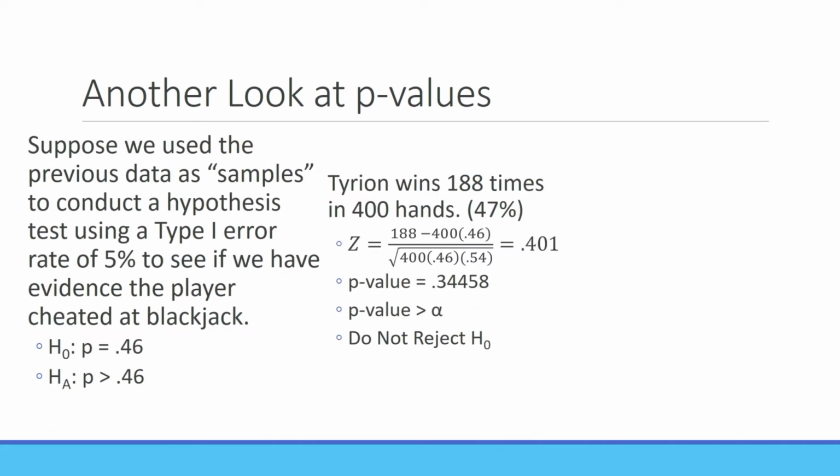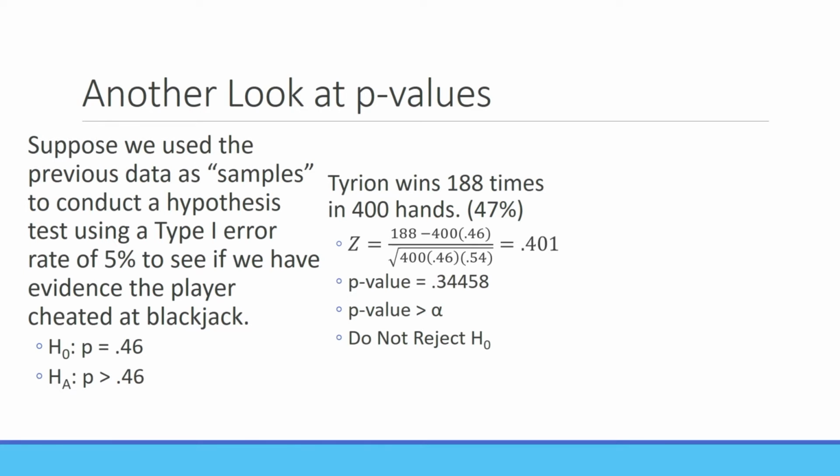All right, so hopefully you did that. First off, we have Tyrion. Tyrion won 188 times out of 400. That is exactly 47%, not about. So the question is, do you think this is evidence of Tyrion cheating?